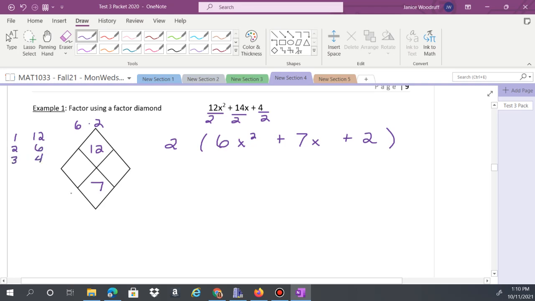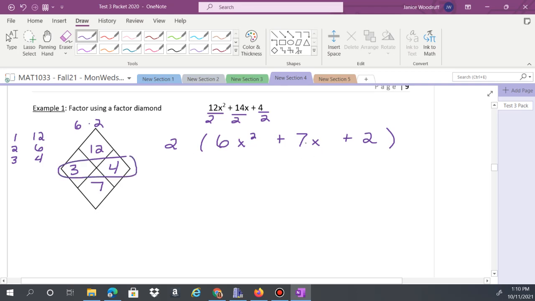Which of these add to 7? 3 and 4. And we're dealing with positives, both of these, but also just while you're doing them, make note of if they're going to be negative. I think we have a couple examples where we'll have negatives, so we'll go through that. So we have 3 and 4. Those are the middle terms.